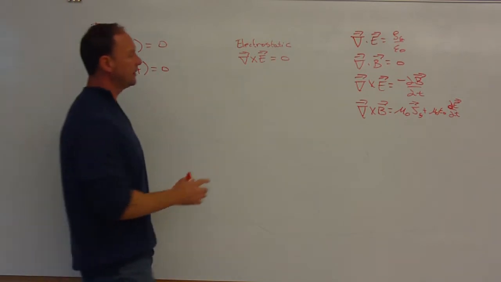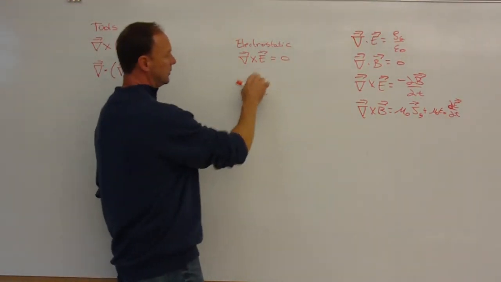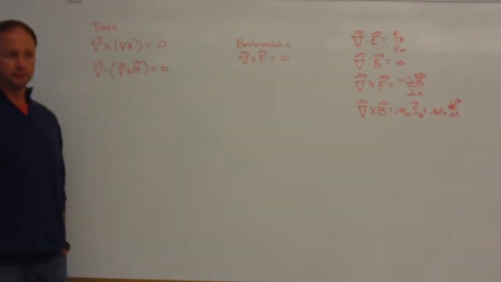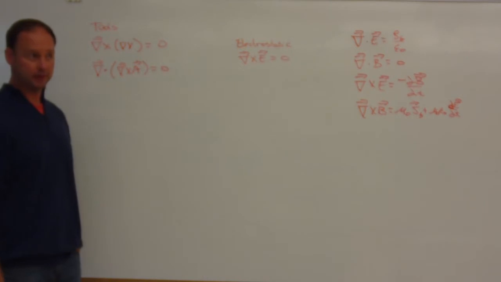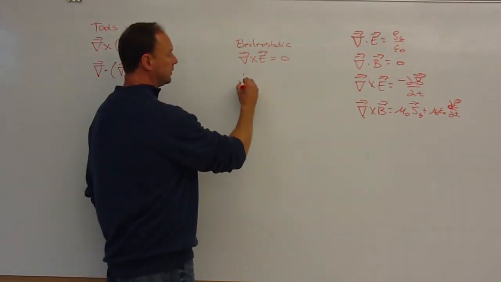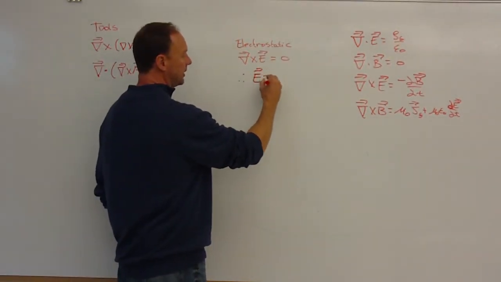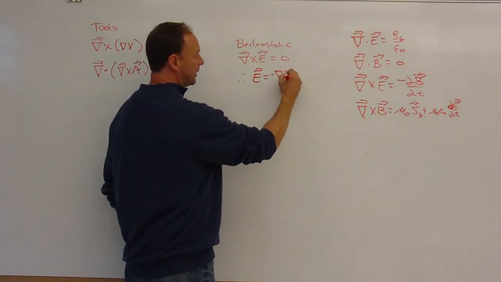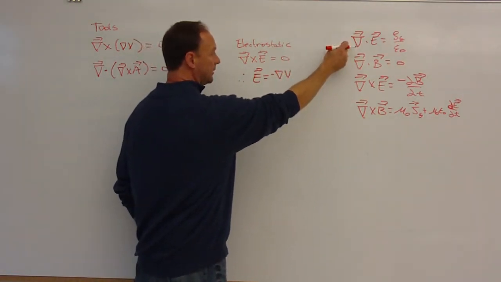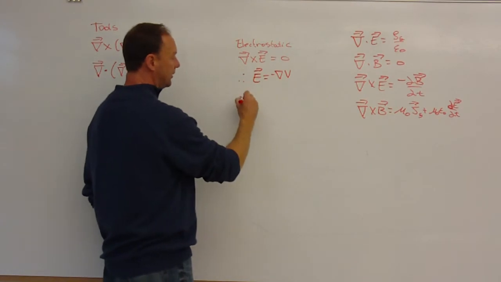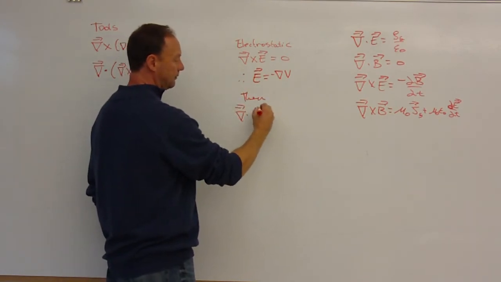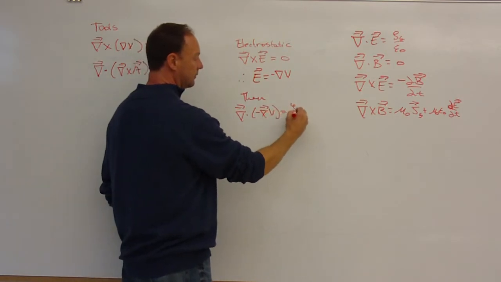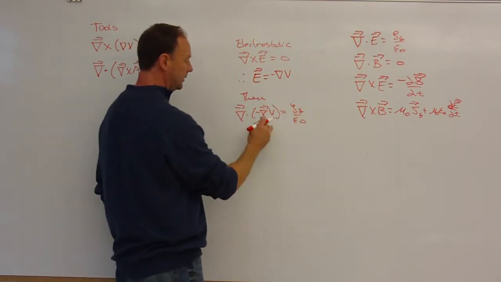So in electrostatics, what can we say about E? Using our tools, we can write it as the gradient of a scalar. Therefore, we can say E equals minus the gradient of a scalar V. And then we can plug that in here. Then we have the divergence of minus the gradient of V equals rho free over epsilon naught.